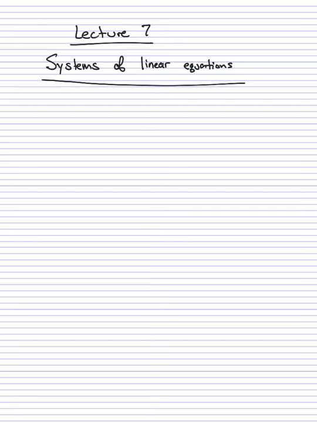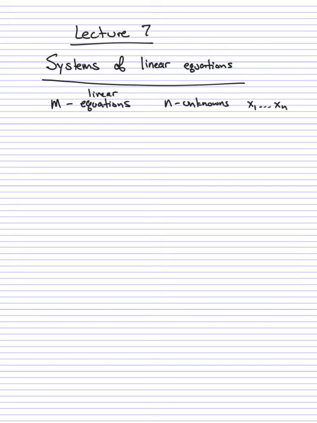So let me write down the general picture here. We're going to have m linear equations and n unknowns, so n variables, which are usually going to be x1 up through xn.